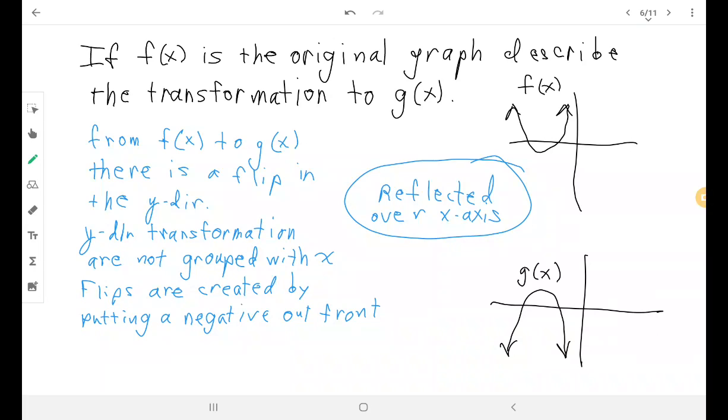But anyway, there's also a way of describing this purely with symbols, which is that g of x is the negative of f of x. So if we put a negative out in front, not grouped with x, then that flip would happen.